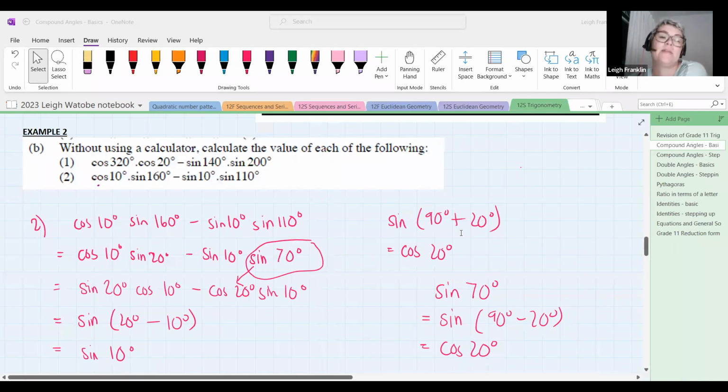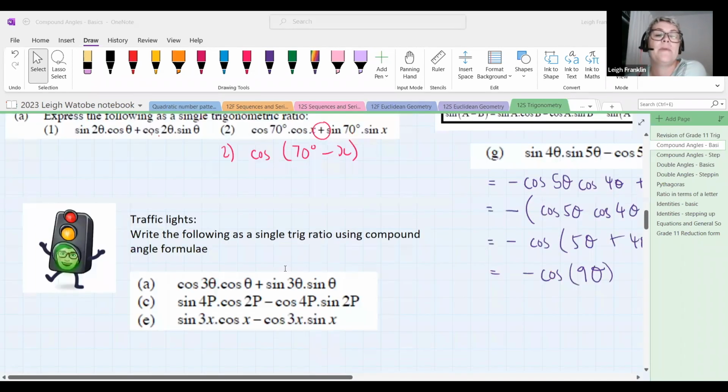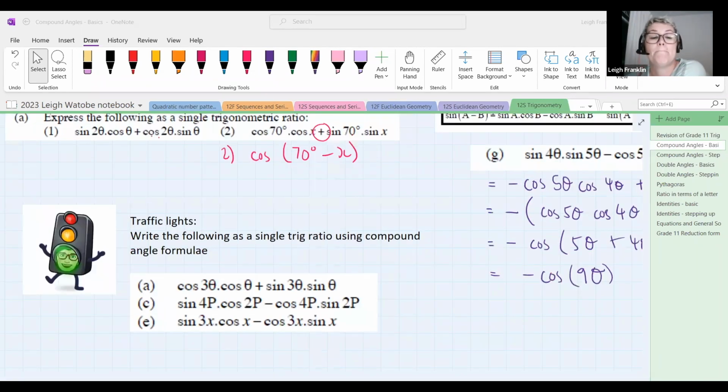So just keep practicing, okay? And eventually it will become easier, especially as you become more confident with your co-ratios as well. They're so important in matric. Like what we were doing in that last question where we were writing sine 65 as cos 25, etc. That will become easier for you. All right, ma'am. Thank you.